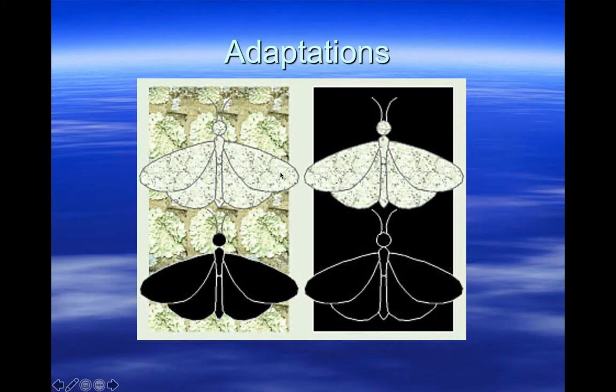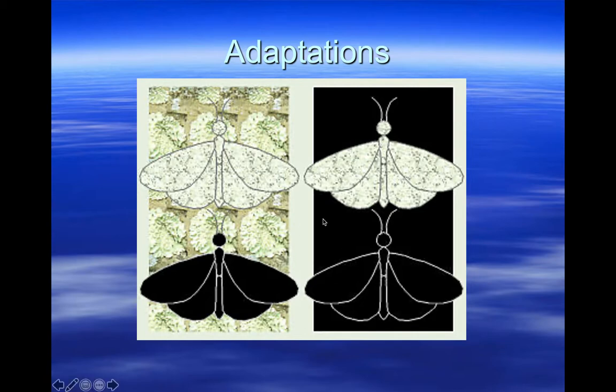Now, after the Industrial Revolution, the bark of the trees started to become dark. And so the white-peppered moth, which was once an adaptation, is no longer an adaptation in this new environment because it is more easily seen by birds, and these were being picked off and eaten more easily. And now being a black moth was a more helpful trait.